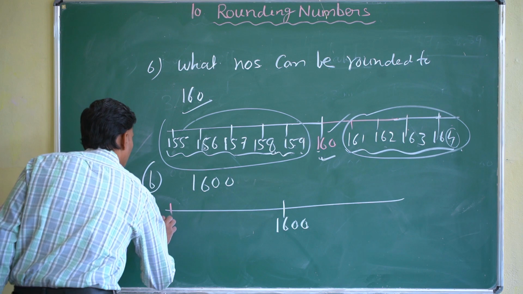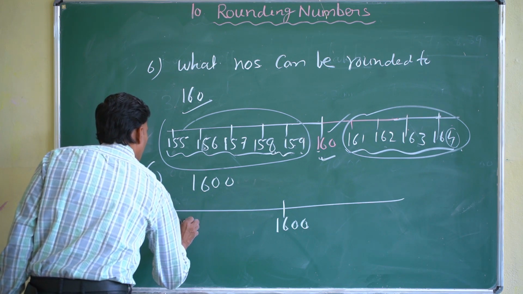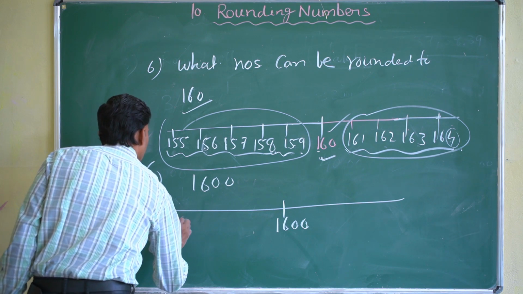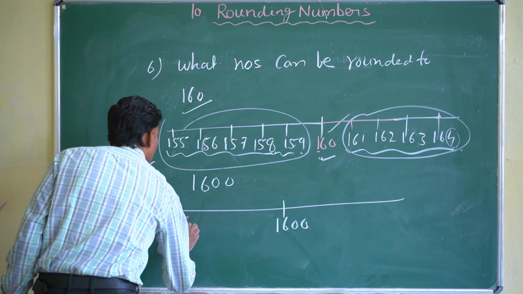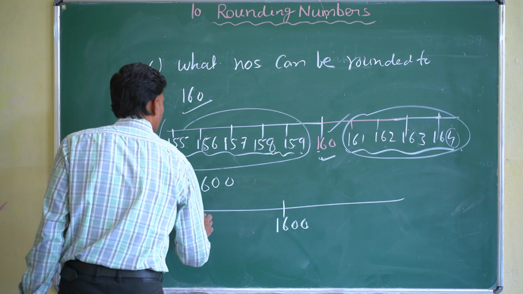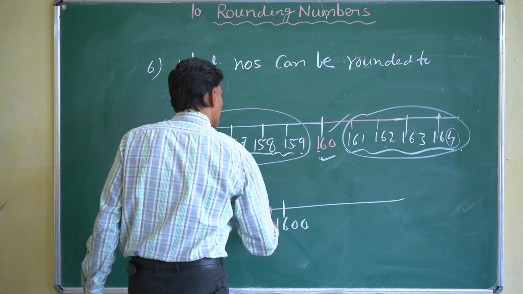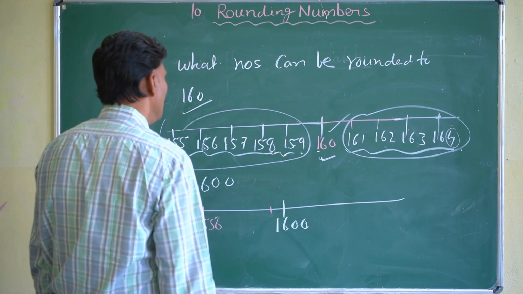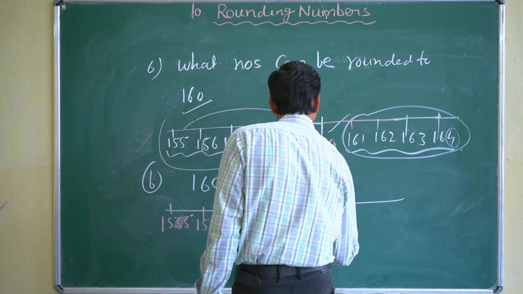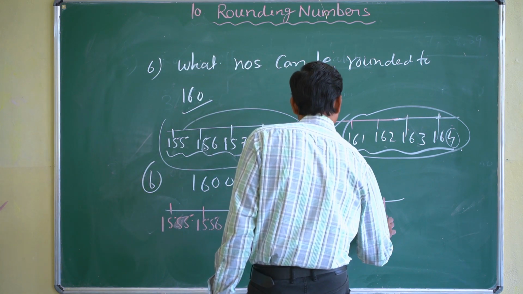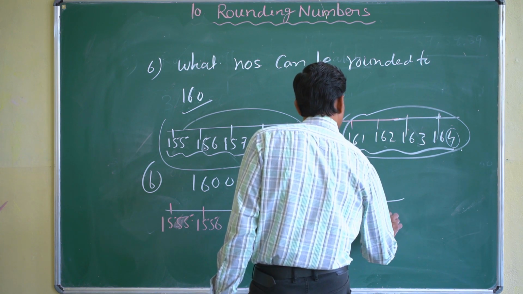So the numbers will be 1550, 1555, 1556, from this to 1559, and here 1600, 1 to 1649.